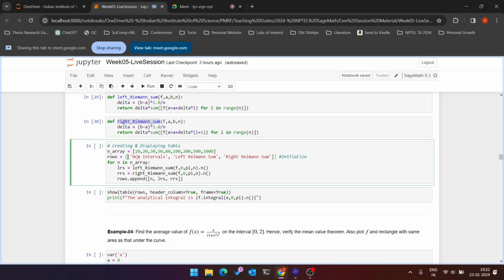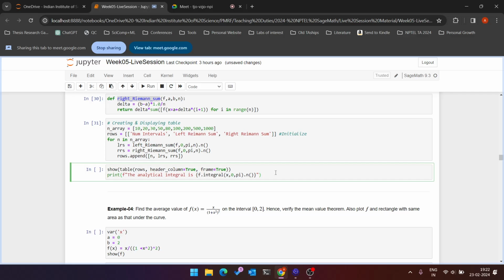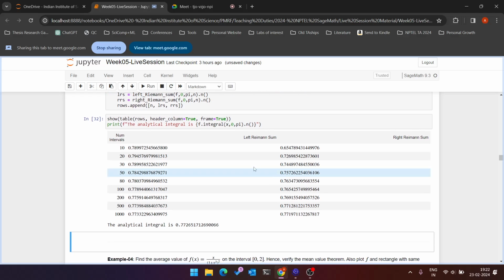The first element of rows contains my headers for the table, which are number of intervals, left Riemann sum, and right Riemann sum. If I run this code, it will take a moment, and then I'll ask it to show me the table.